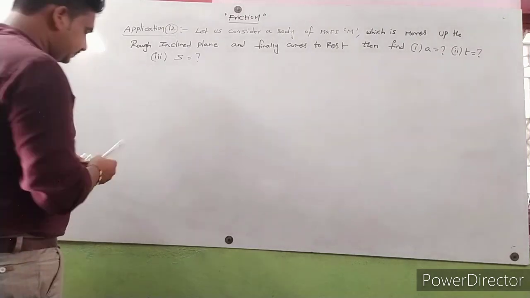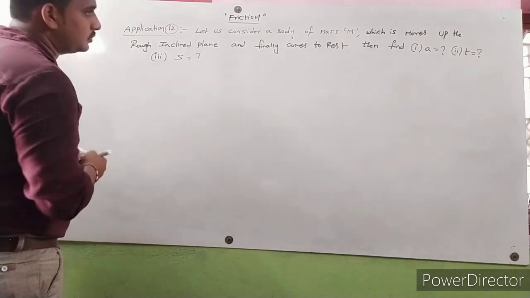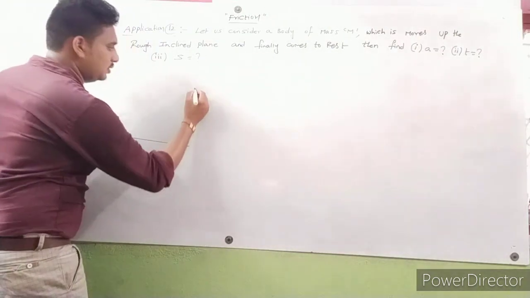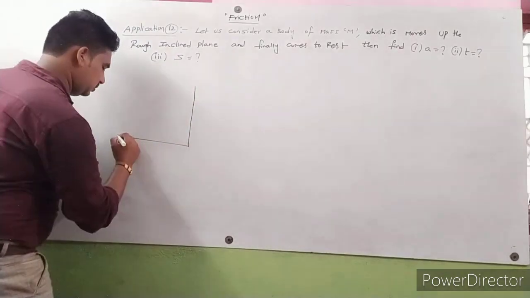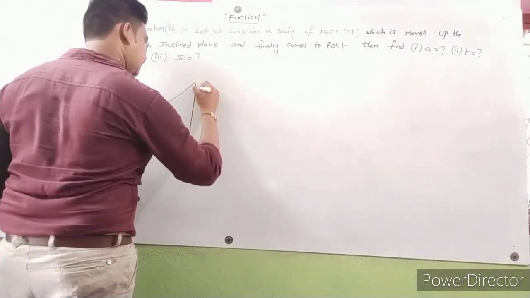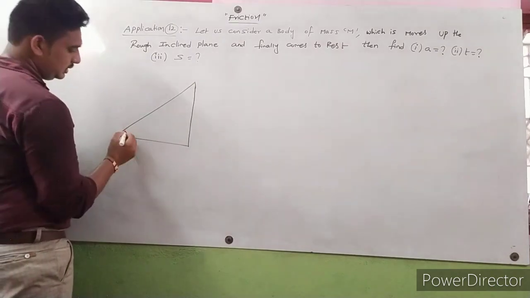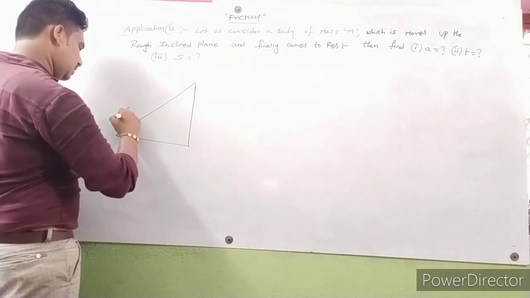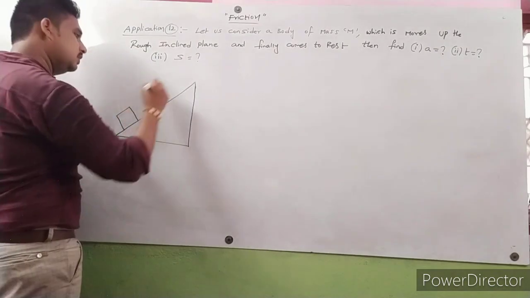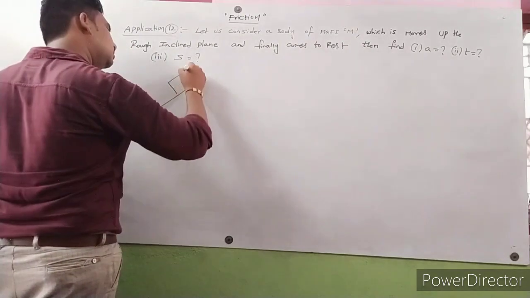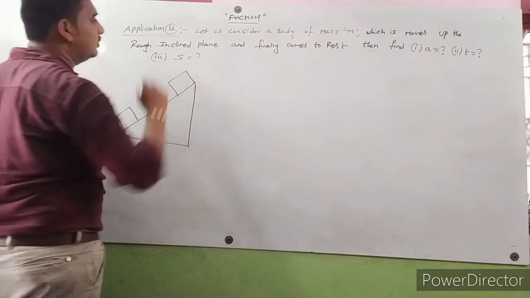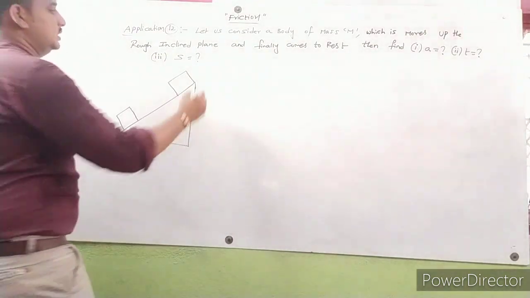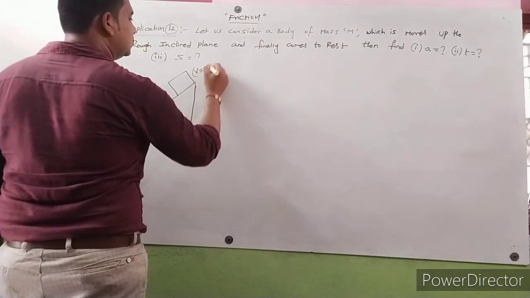So, the diagram. Here is one block, here is another block. What is given? Finally comes to rest means final velocity is 0.